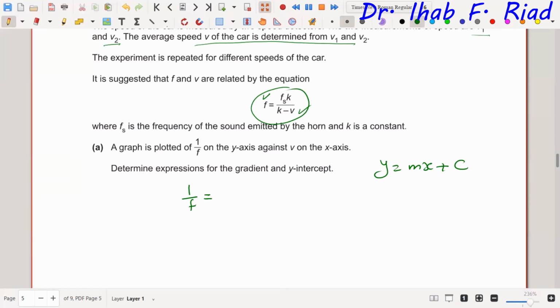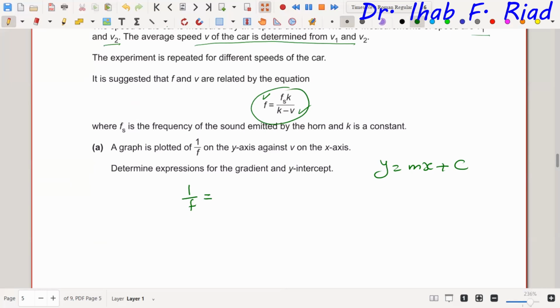Remember, Dean, always remember what you do to the left side, you do to the right side. So what did we do to the left side?